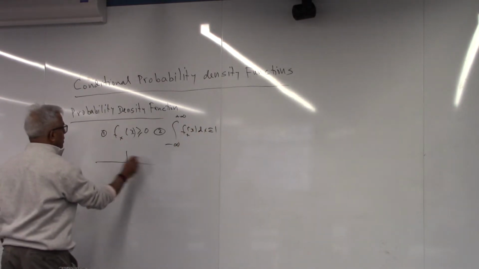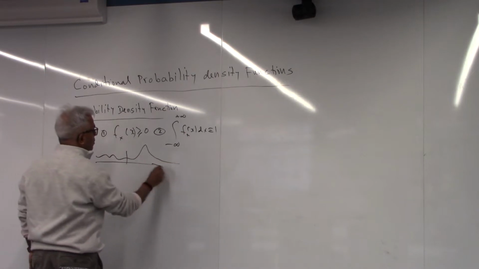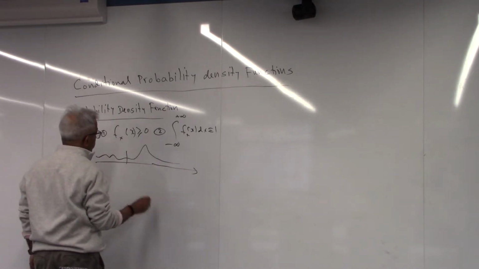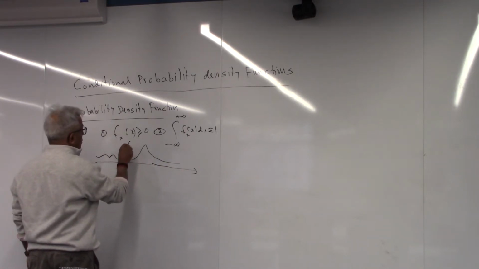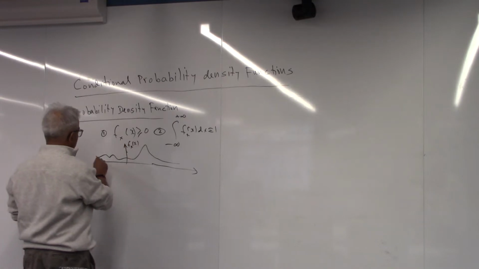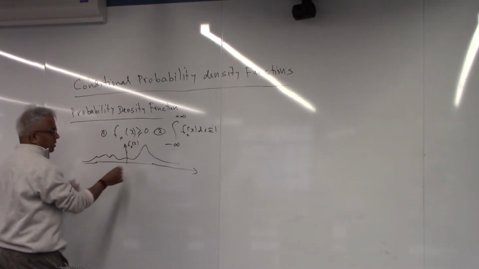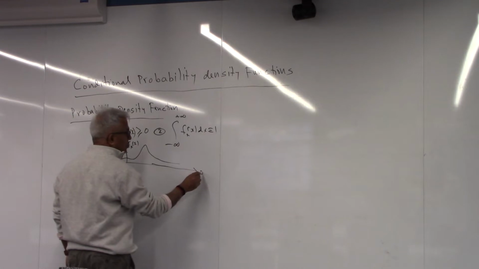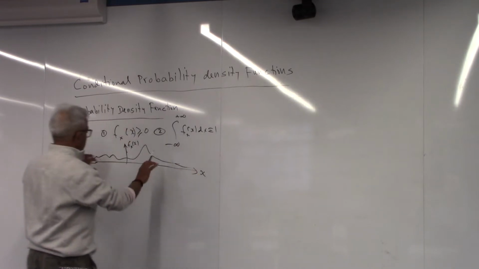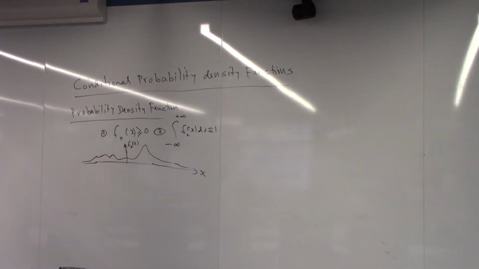So the physical meaning being, this is a non-negative function, and if you integrate everything, let's say it adds up to 1. So of course the function has to die out because of the finite integral.